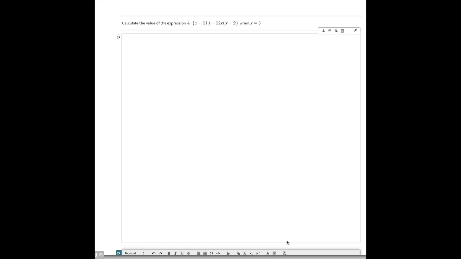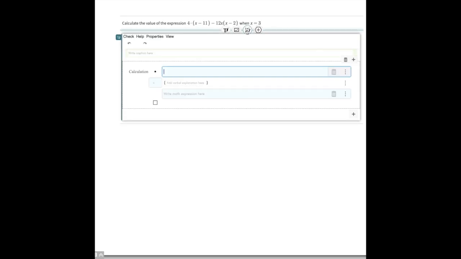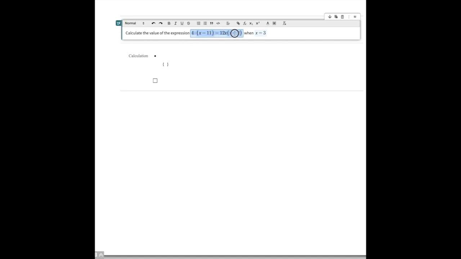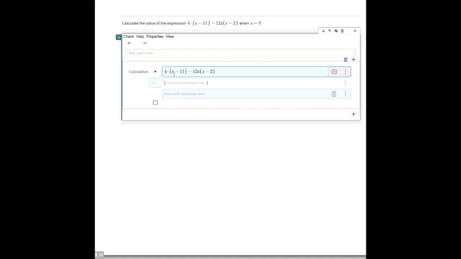Next, we will look at a slightly different problem. We want to calculate the value of the same expression, but for x equals 3. So for this purpose, we will start by adding a calculation element here, and we copy the expression here, like this.